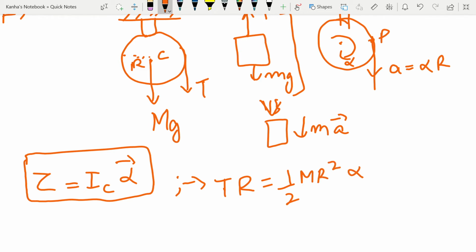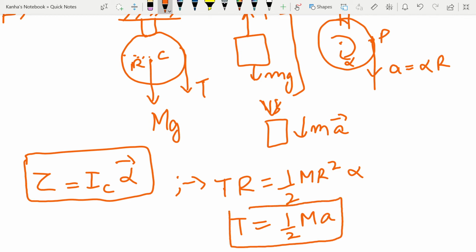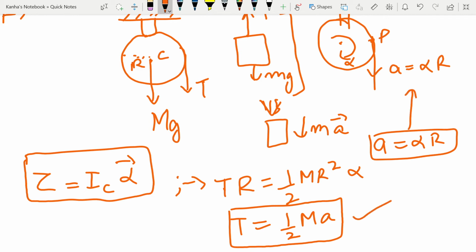From here we can easily write that T is nothing but half m into a, because we just substituted alpha from the equation a is equal to alpha R, which I just showed you here. So you get the value of tension as this.